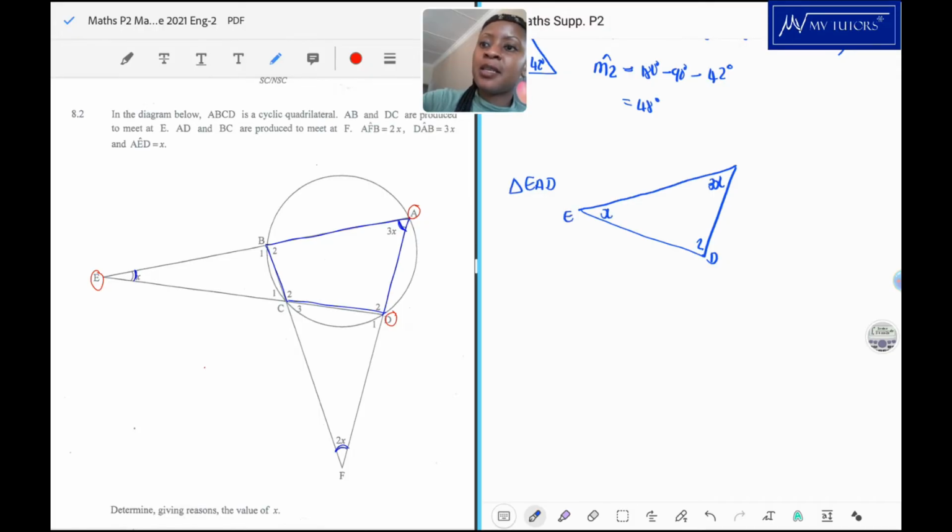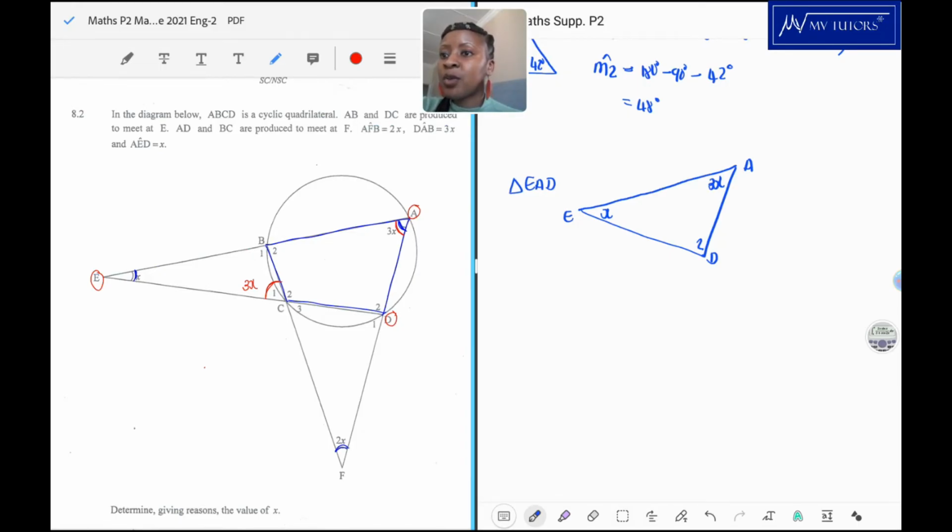Okay, so that is E, and that's A. So what else can we see from it? If I were to look at the external, so if I were to look at C1, this is an external. So C1 is actually equal to 3x. I know this is 3x because an external angle in a cyclic quad is equal to the interior opposite angle.